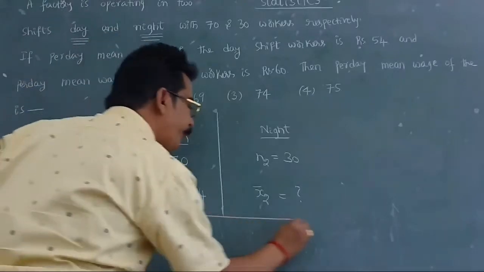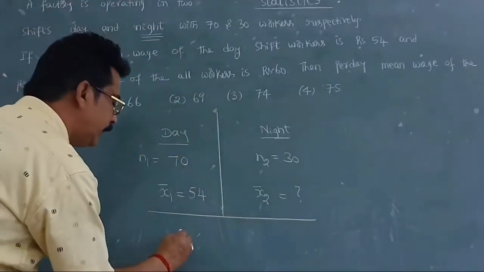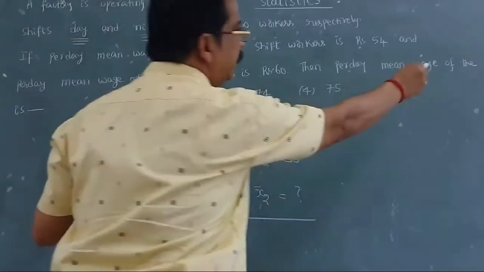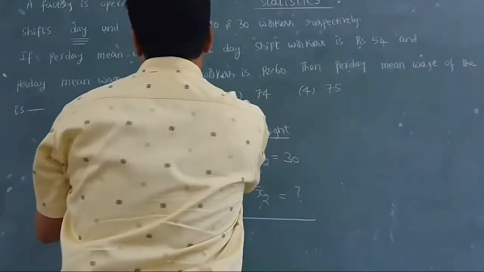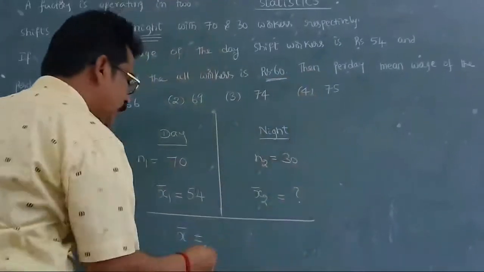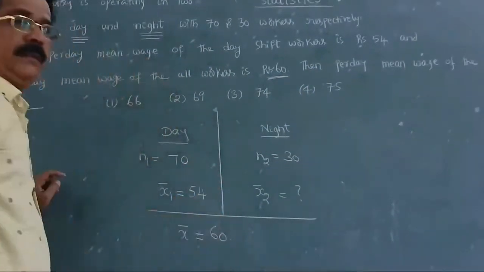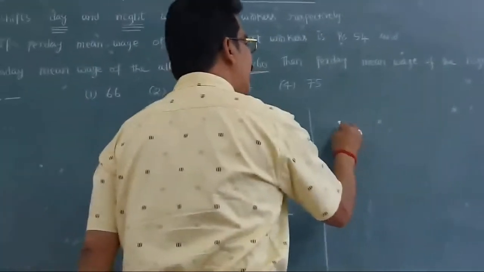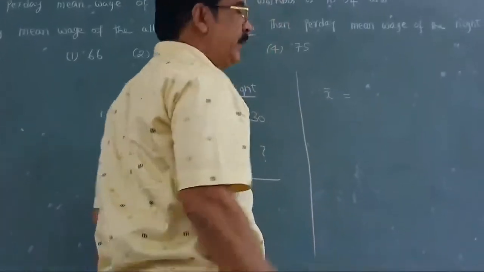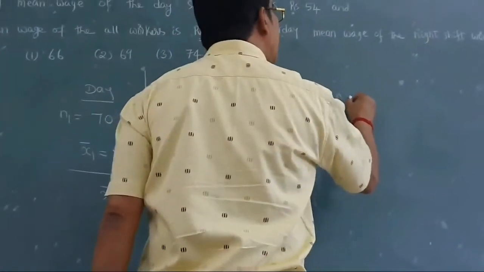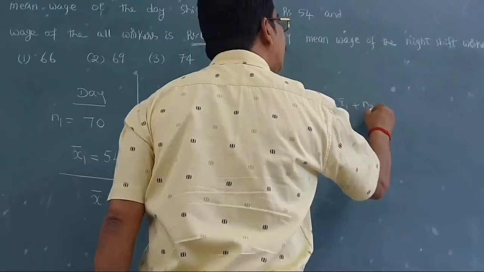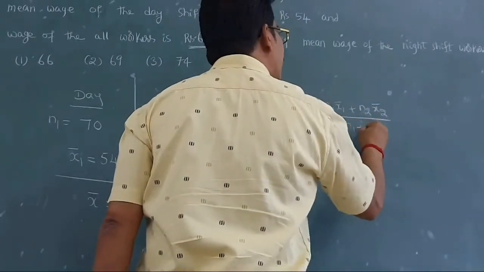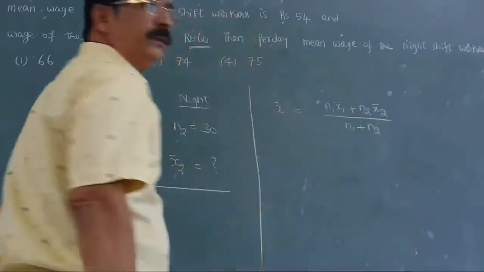Next, the combined mean, the total mean, X bar is equal to what? Here for all workers it is 60 rupees. Understand? But the formula for the combined mean: X bar is equal to N1 X1 bar plus N2 X2 bar divided by N1 plus N2.